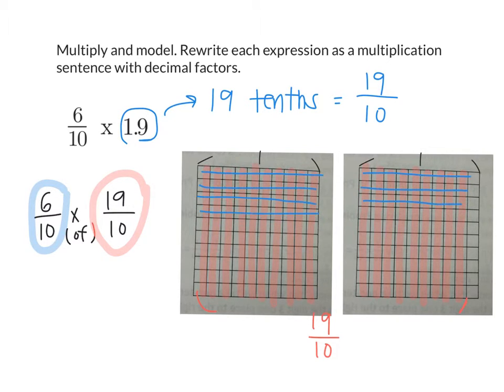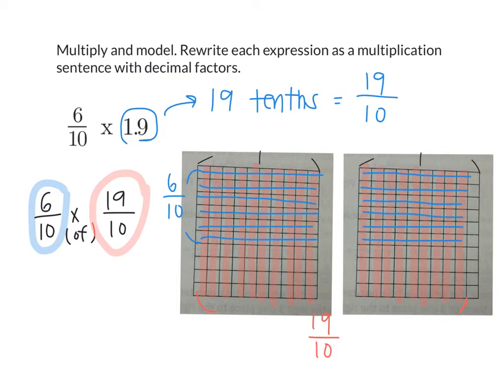Here's 4/10. 5/10. 6/10. And of course I need to label it. This is 6/10. So if you are asked to multiply and a number is greater than 1, you're going to need more than one rectangular fraction model. So here's how you would model 6/10 of 19/10.